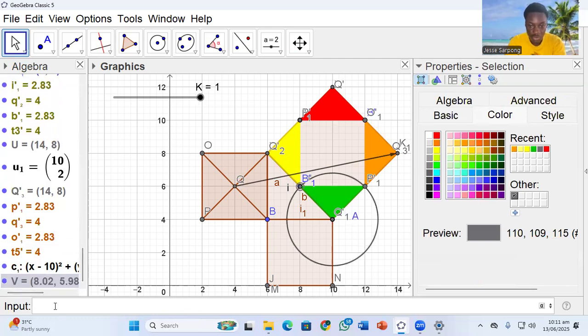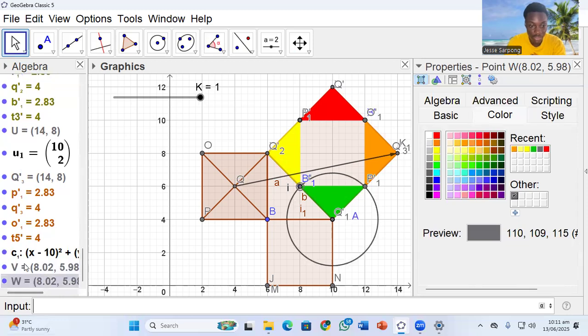Now we will connect it to the slider. So we will have J plus K into bracket, the new point we had V minus J again. This is what we have.